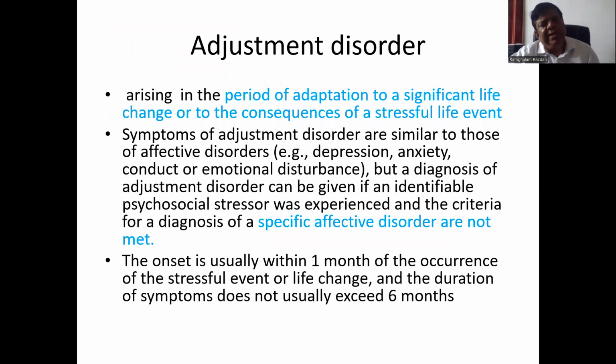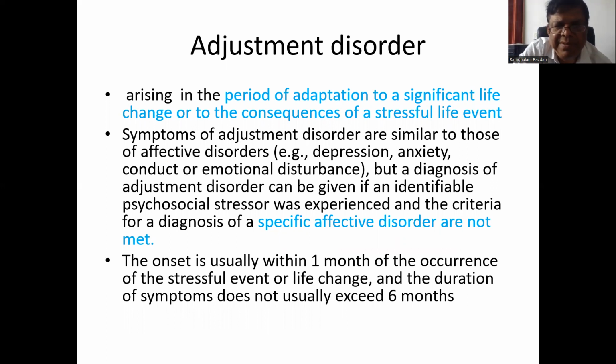Now, one disorder related with stress is adjustment disorder. Sometimes people keep on living together, but they don't think they are happy and they feel stress sometimes. It arises in the period of adaptation to significant life changes or the consequences of stressful life events. Symptoms of adjustment disorder are similar to affective disorder, depression, anxiety.